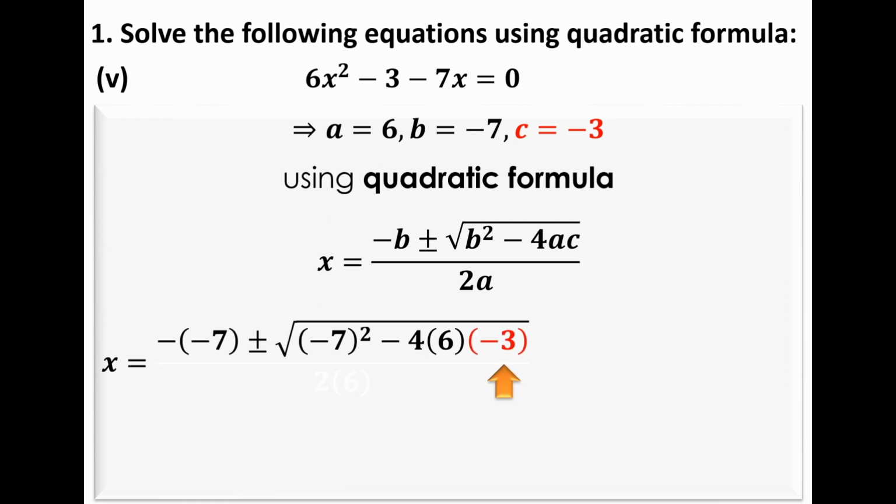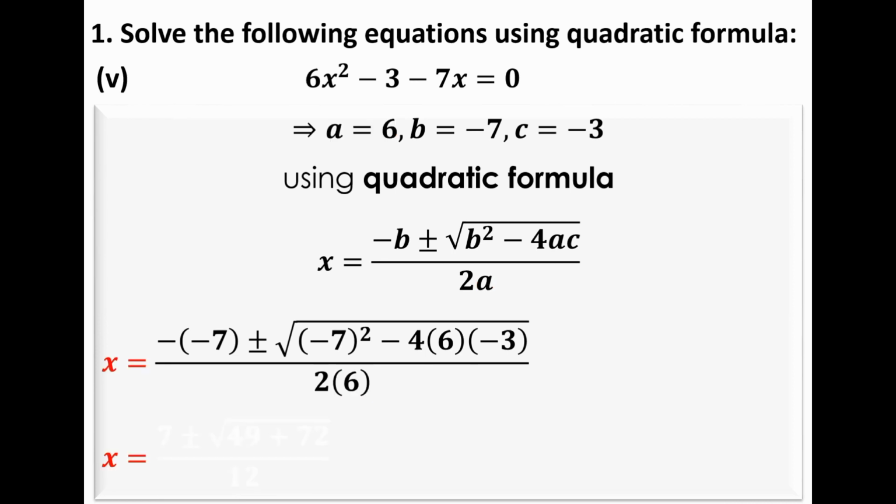So, minus 3 is written here. Divided by 2 is written without any change. Next, we have a, and the value of a is 6. So, 6 is written here.